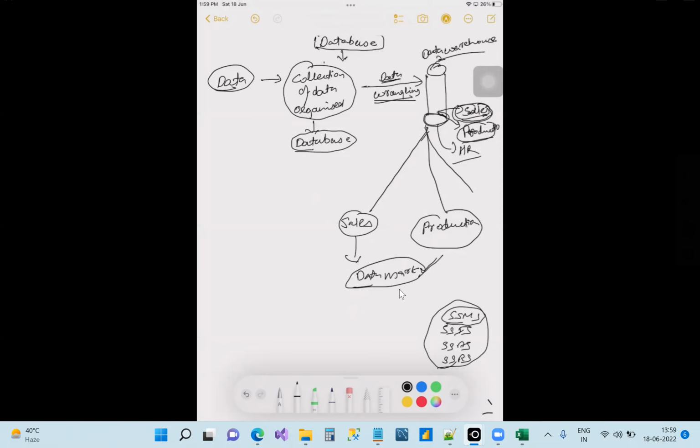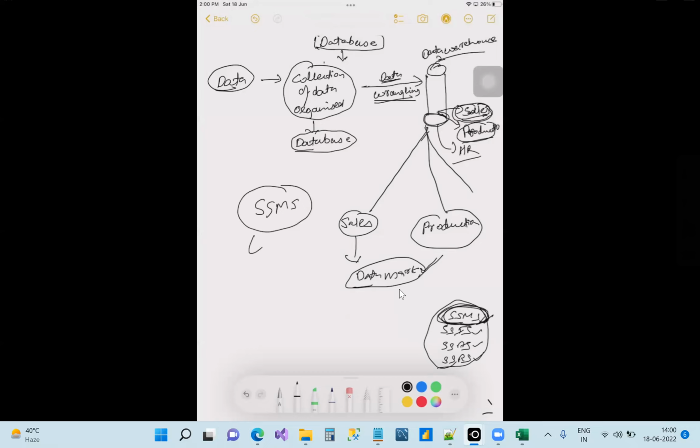So someone asked me what is SSMS, SSIS, SSAS, and SSRS. These are all Microsoft tools. First, let's come to SSMS, because this is where we will be writing our SQL codes. So always remember SSMS.